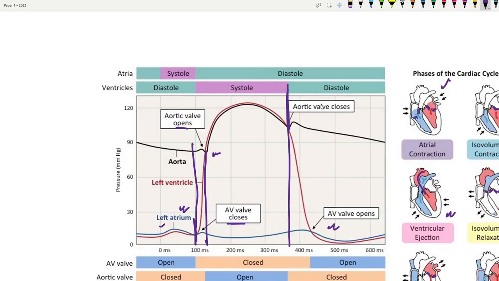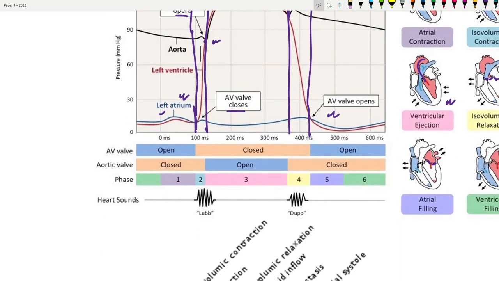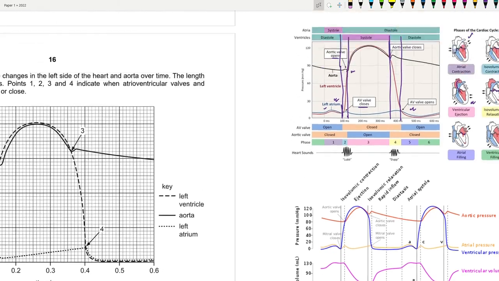So both of them are closed, but in this moment, the atrioventricular valve opens due to atrial filling, increased pressure in atria. The ventricles will fill, but the semilunar valve is still closed. So I'm mainly looking at these two time spans where both the valves are closed. Okay, hopefully I could clarify. See if this makes sense. I tried my best.